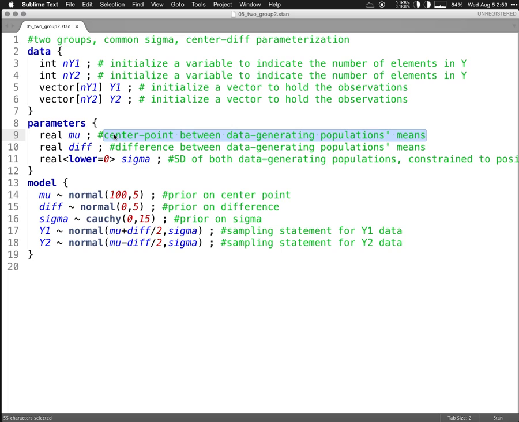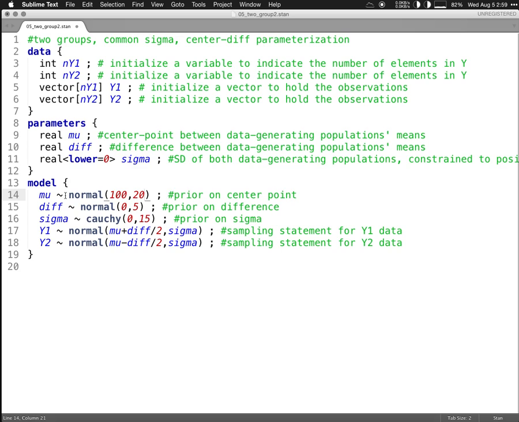I'm using center point so I don't have to say mean so much. And diff is the difference between the data generating populations' means. Mathematically, this works out to be exactly the same, but it's conceptually easier to think about this way, in that we can talk about our prior belief on the center point between the 2 distributions.